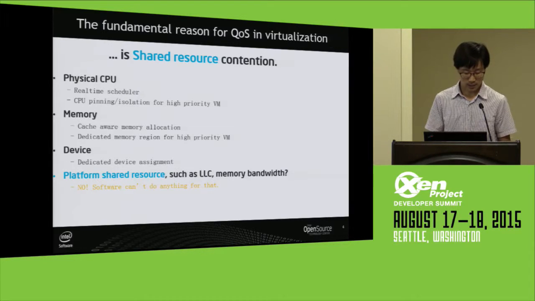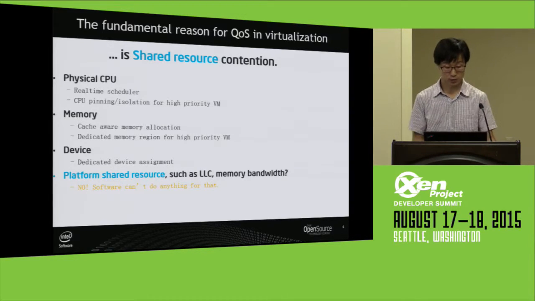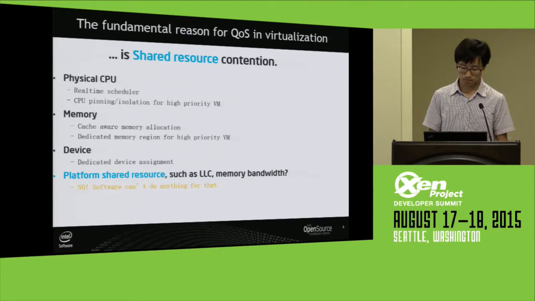And similarly, we can do the same for the I/O devices. We can just pass through the physical device or the virtual function in SR-IOV to the high priority VM.